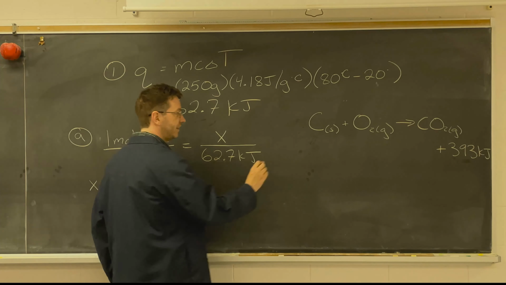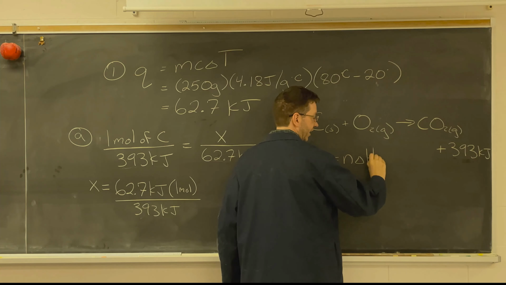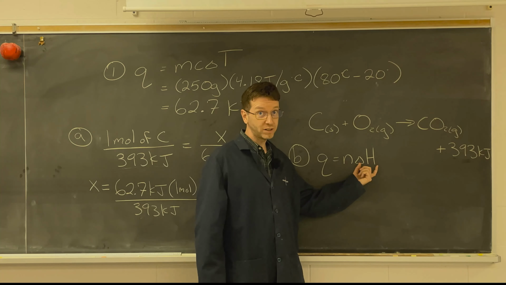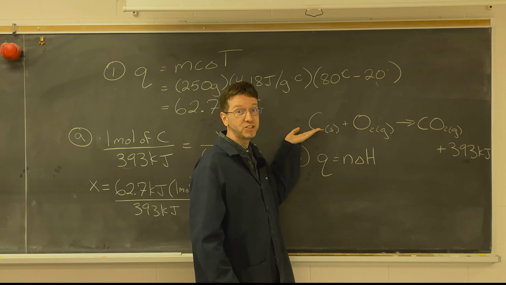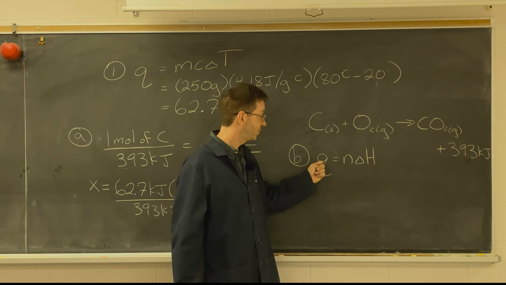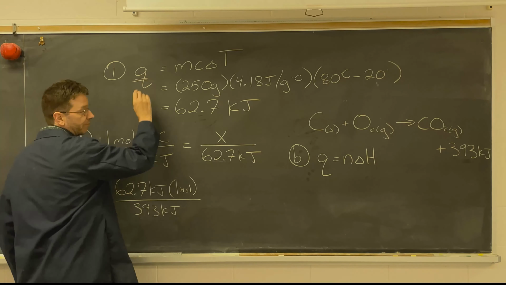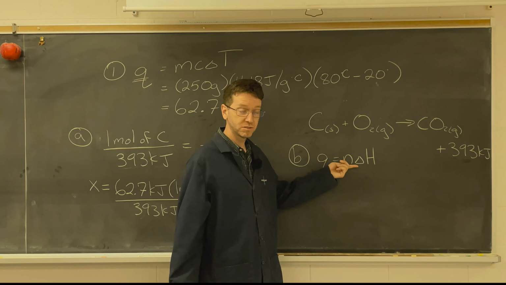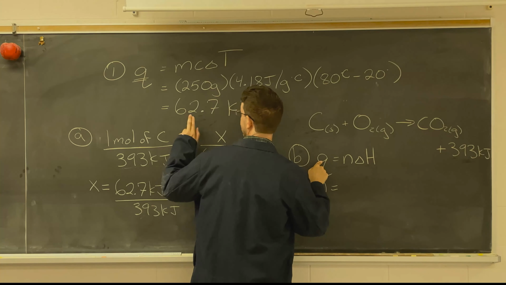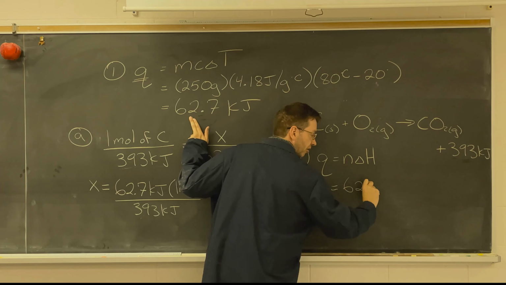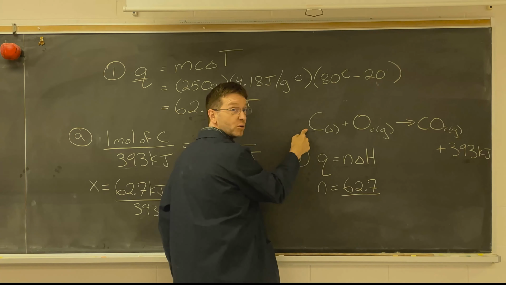The other way of doing it is to use this equation, Q equals n delta H. This would be the molar enthalpy for the reaction, meaning how many kilojoules of energy you get per mole of something. Q would be the energy created in the experiment, which we performed right here. n would be the number of moles. So we can just calculate for n by dividing by delta H. So you have Q, which is 62.7, and the molar enthalpy is 393 kilojoules per 1 mole of carbon.